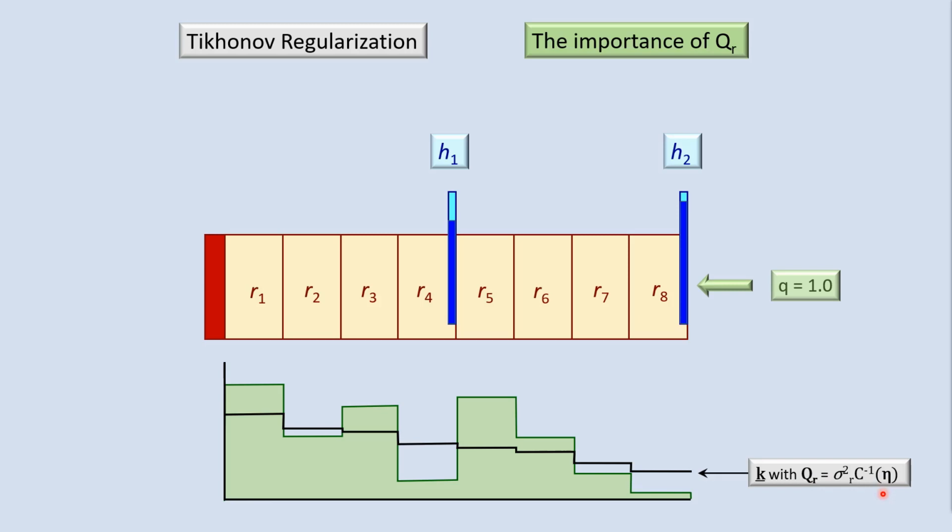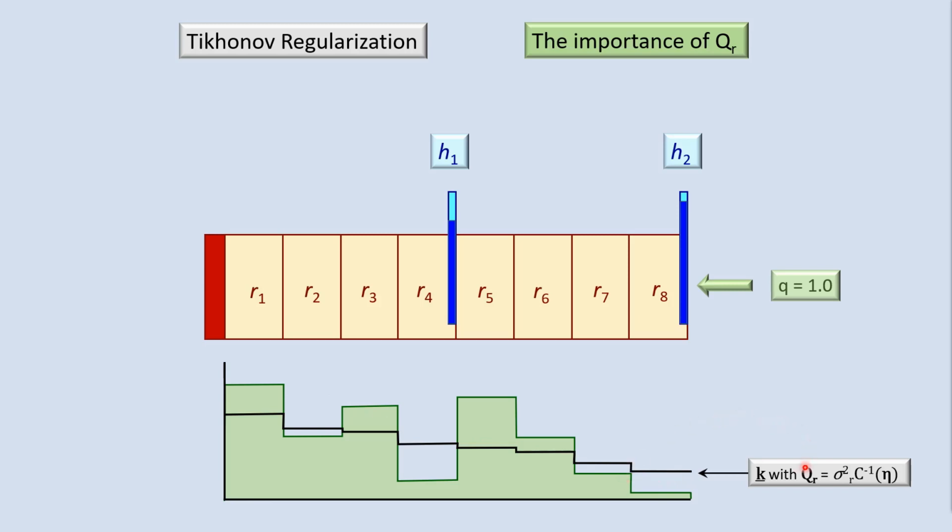Then my solution to the inverse problem will probably be more like this. I'll still achieve my target measurement objective function, but I will achieve it in a way that is much more in accordance with what I believe the underlying geology to be.